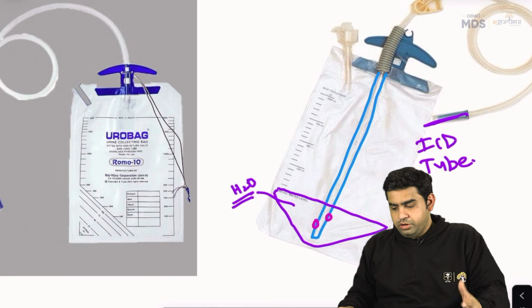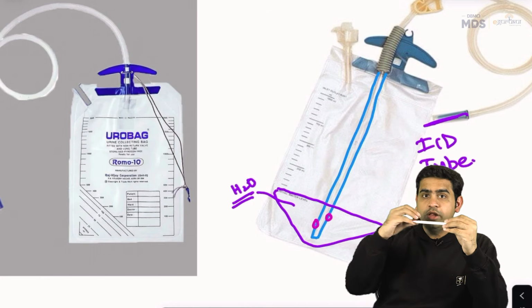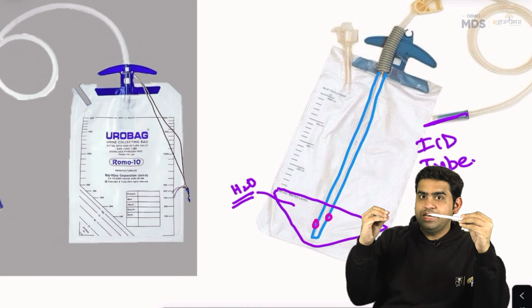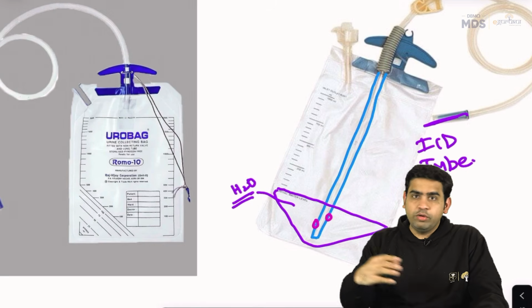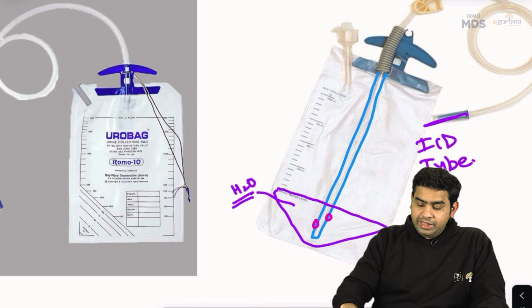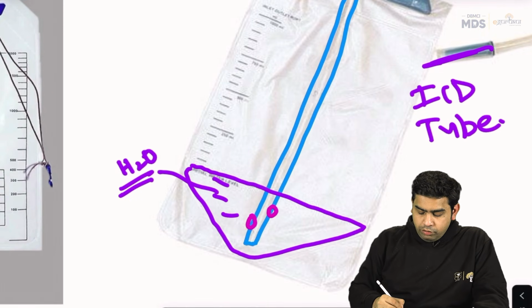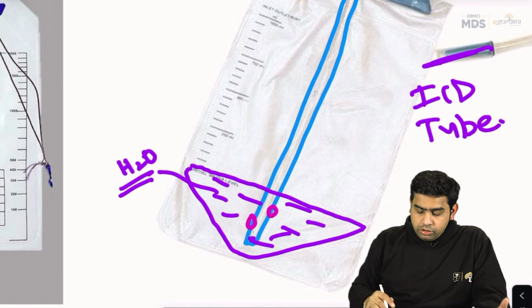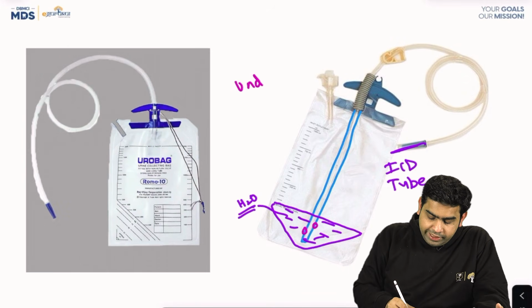For a minute, just visualize that. Let's say this is the ICD tube. Now to this ICD tube you attach an ICD bag. Once you attach an ICD bag, the tube continues till the end over here, and over here you have the water. So this is what is called an underwater seal.